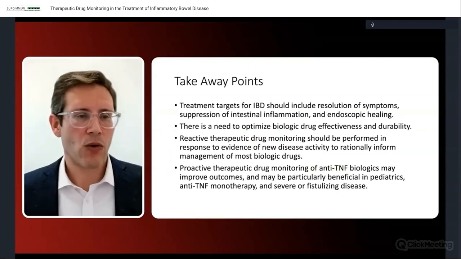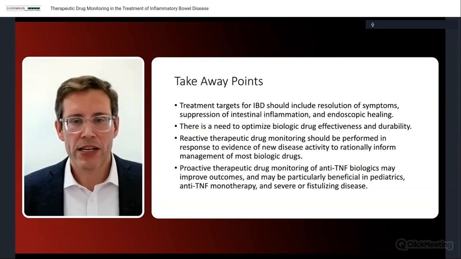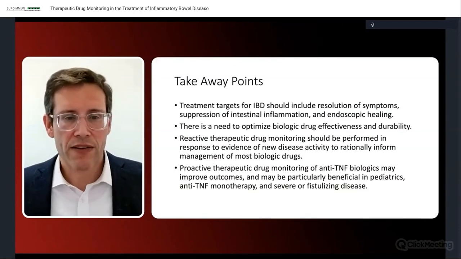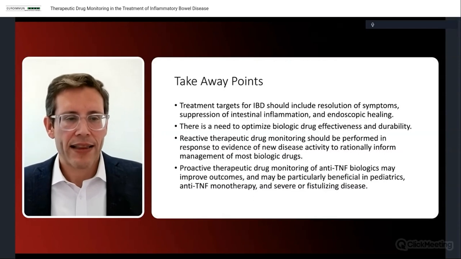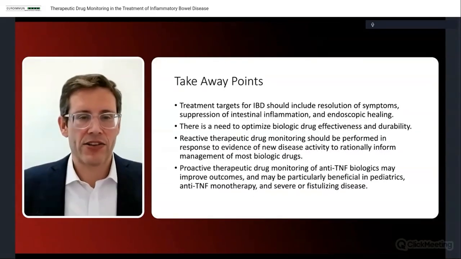I'd like to leave you with some takeaway points. Treatment targets for IBD should include resolution of symptoms, suppression of intestinal inflammation, and endoscopic healing. And therefore, there's a need to optimize biologic drug effectiveness and durability.